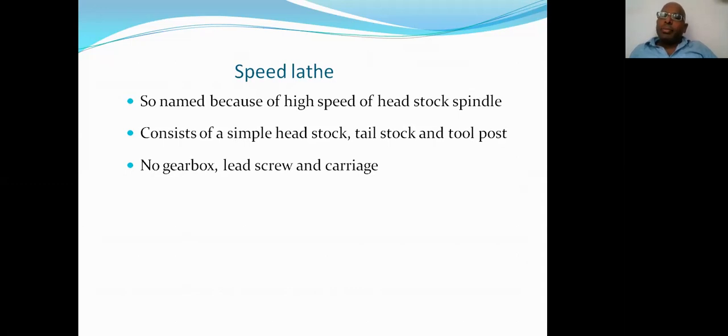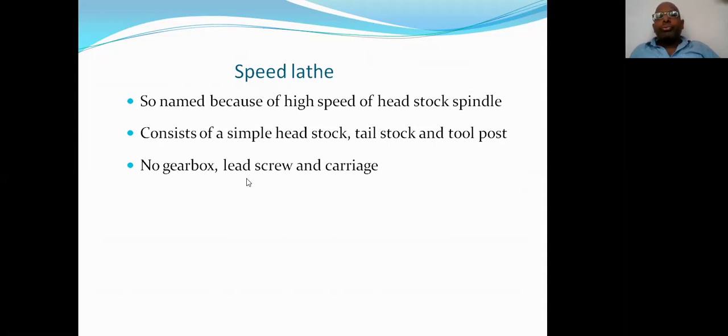As fewer speed ratios are required, we use a 3 or 4 step stepped pulley. That is the reason for avoiding the gearbox. The required speed ratios are only 3 to 4.